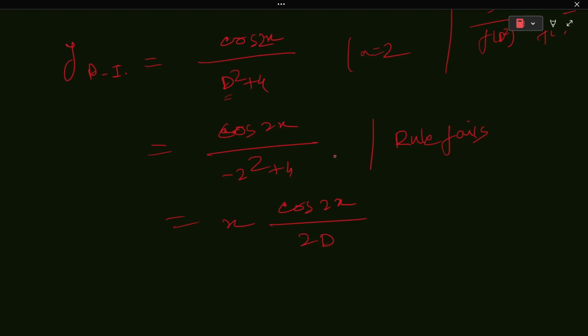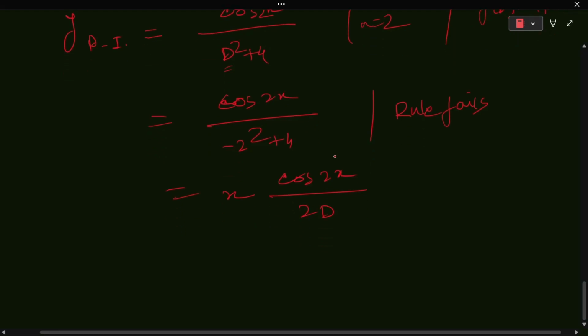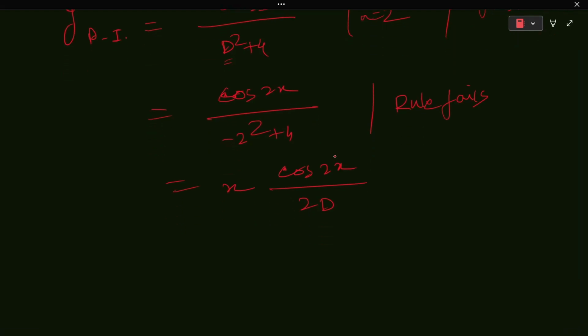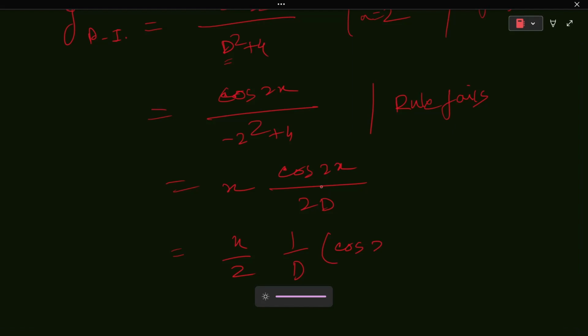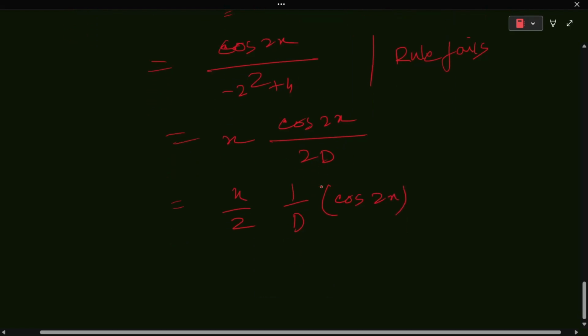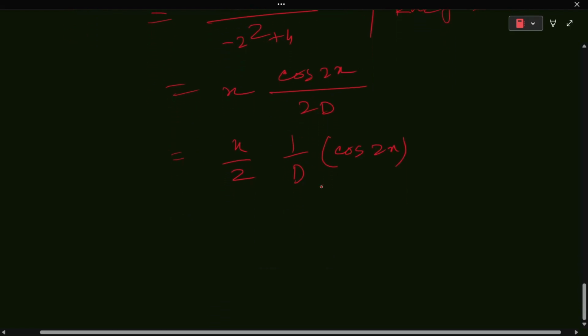The one thing I want to mention is that in that problem we don't require bringing the D square term in the denominator. Why? Because we already had x by 2 with 1 by D cos 2x. And what we mentioned in lecture 22, the previous session, is that D means differentiation and 1 by D means integration.